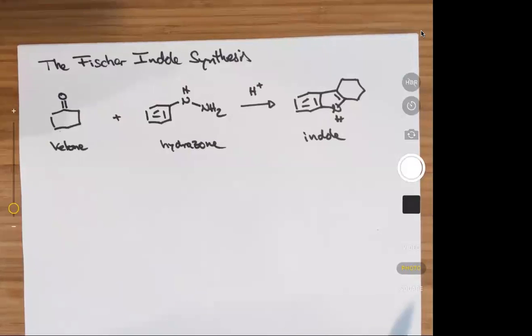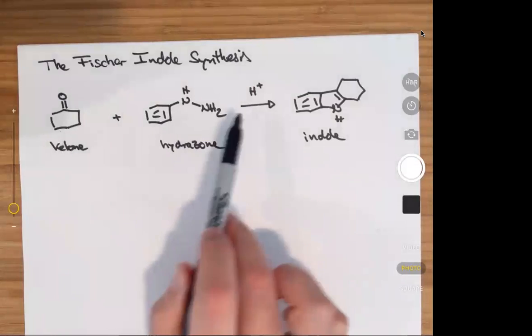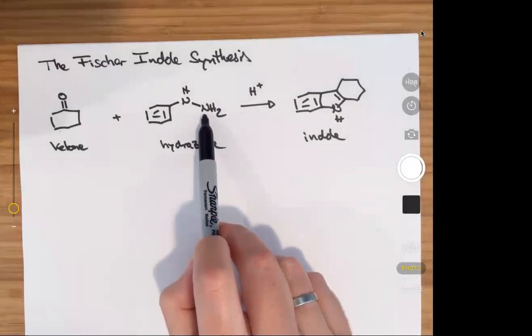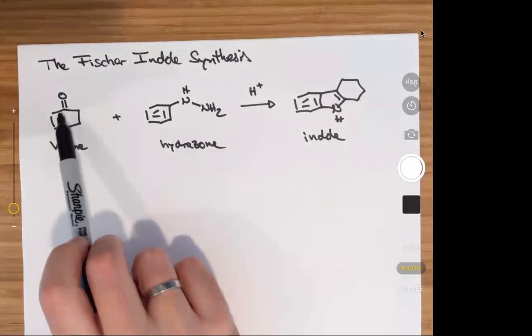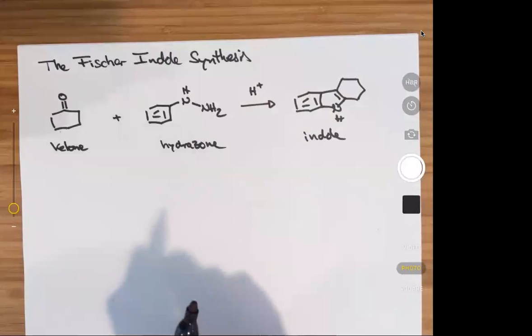Now, obviously, if you just look at this ketone and this hydrazine and think about how they could react under acidic conditions, I think all of you very quickly realize that this is basically just a reaction of the lone pair on this nitrogen with a carbonyl, the same way we have seen the reaction of hydrazines with carbonyls in, for example, the Wolff-Kishner reaction.